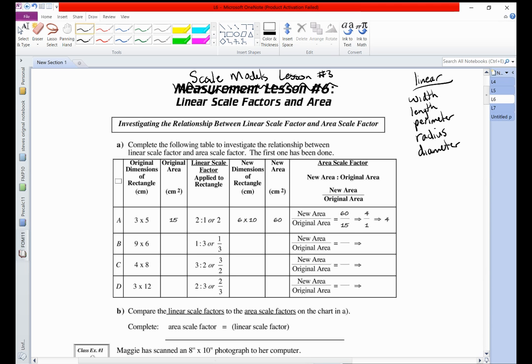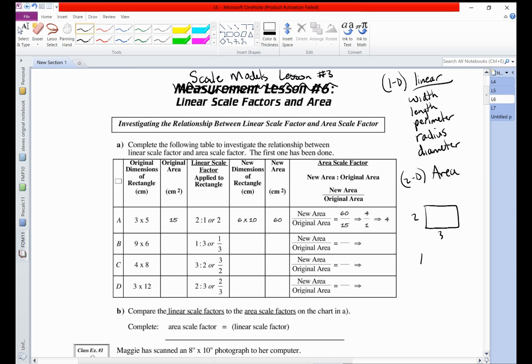But we can also look at area scale factor. We know area is two-dimensional, so this is one-dimensional. Two-dimensional measurements are areas, right? If you have a rectangle, for example, you would find the area of that rectangle. Let's say it's a 2 by 3.